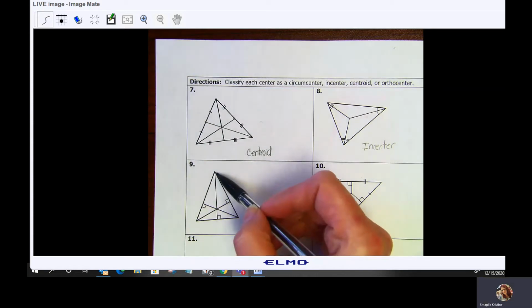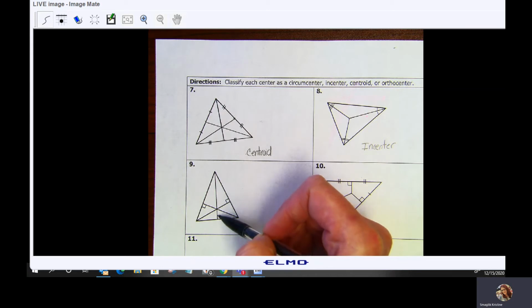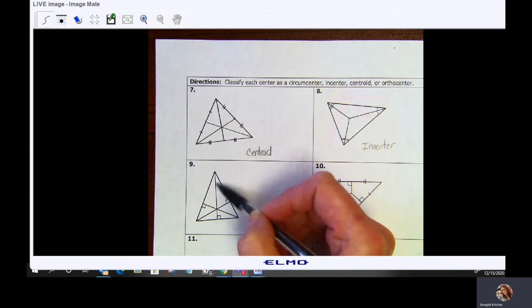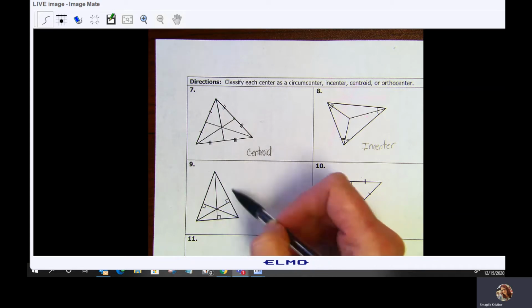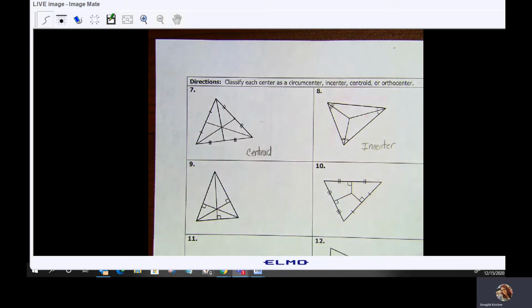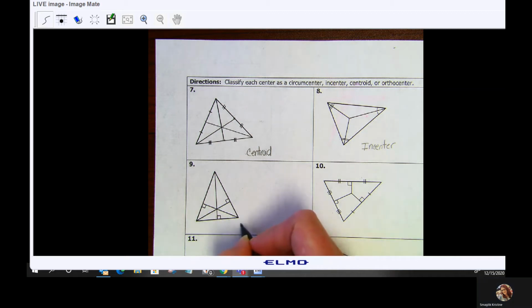We have a line coming from the vertex down to the opposite side, and it's forming that right angle. So these lines are perpendicular. Notice there's nothing else here saying anything is congruent. These are altitudes. So this is the orthocenter.